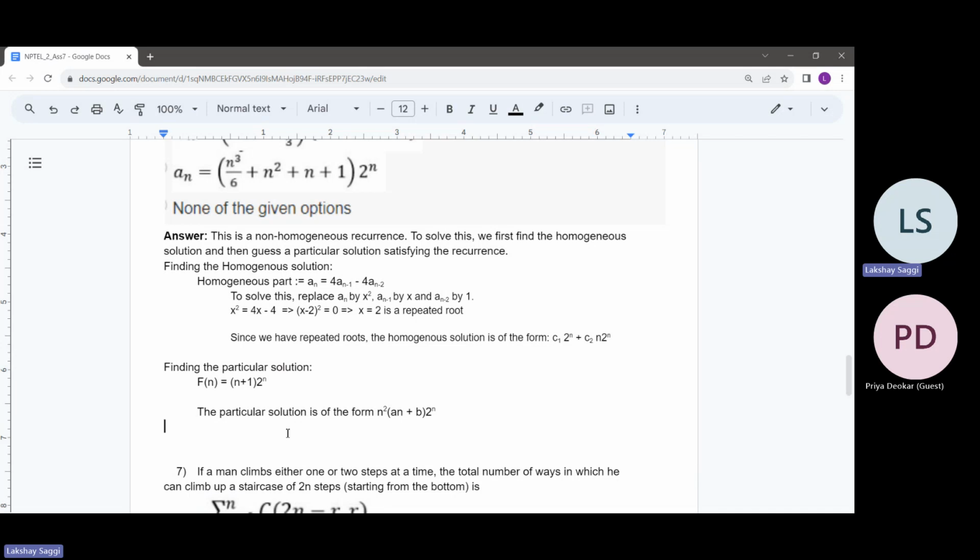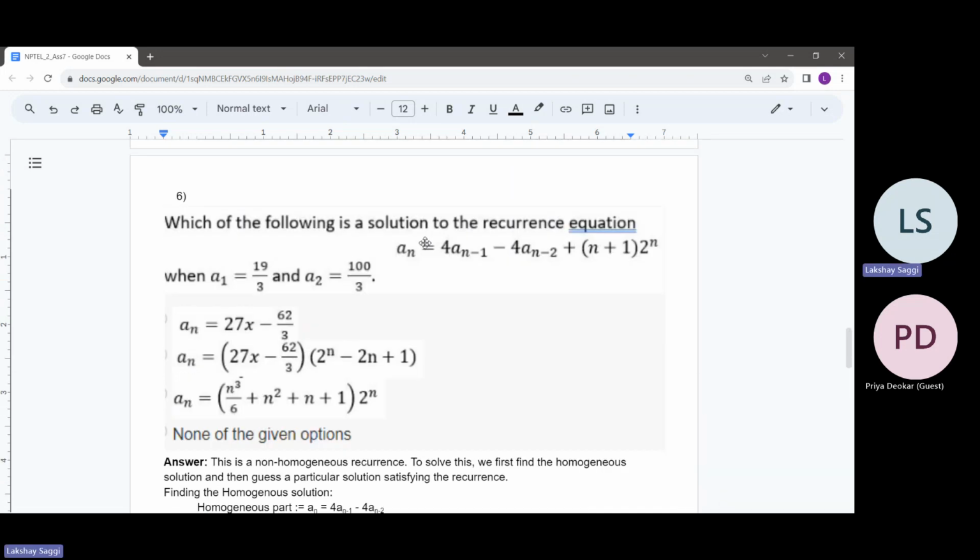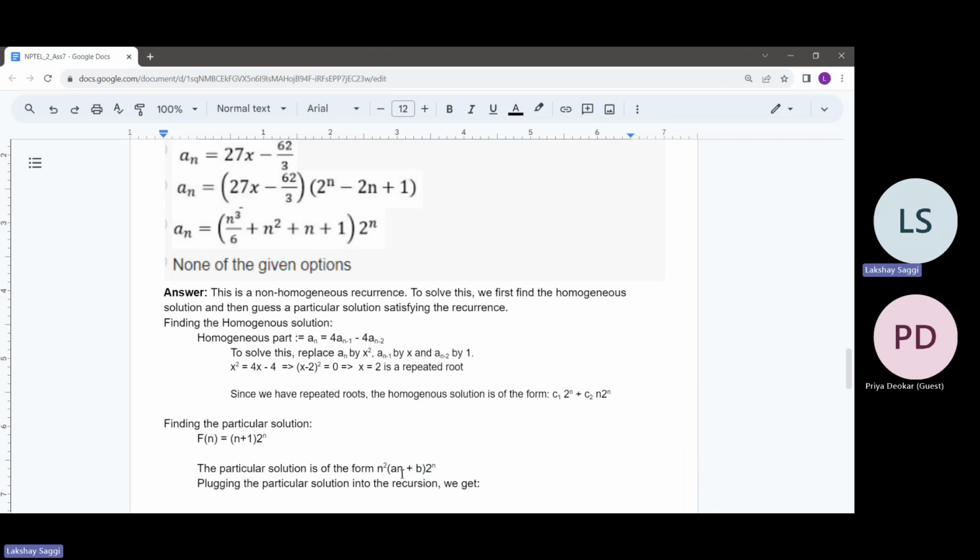And now plugging the particular solution into the recursion, we'll get the values of a and b by comparing the coefficients of n and the constant coefficient.